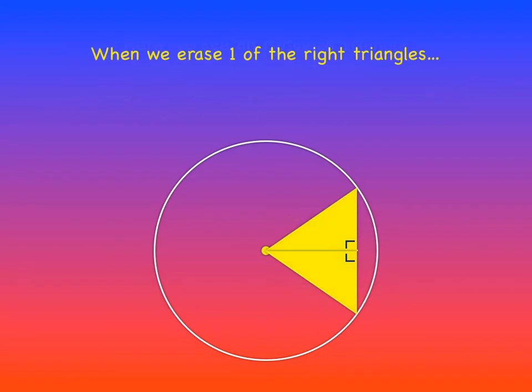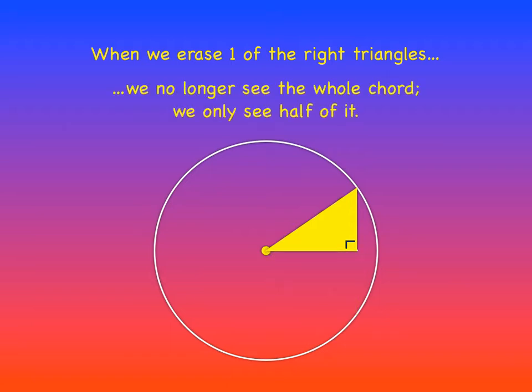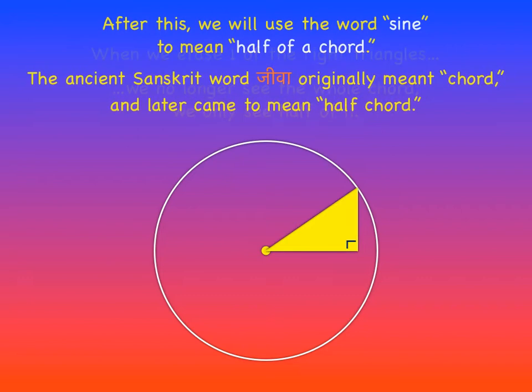When we erase one of the right triangles, we no longer see the whole chord. We only see half of it. After this, we will use the word sine to mean half of a chord. The ancient Sanskrit word jiva originally meant chord and later came to mean a half chord.